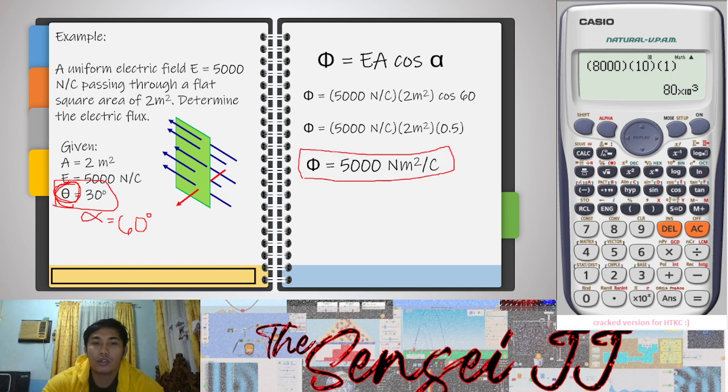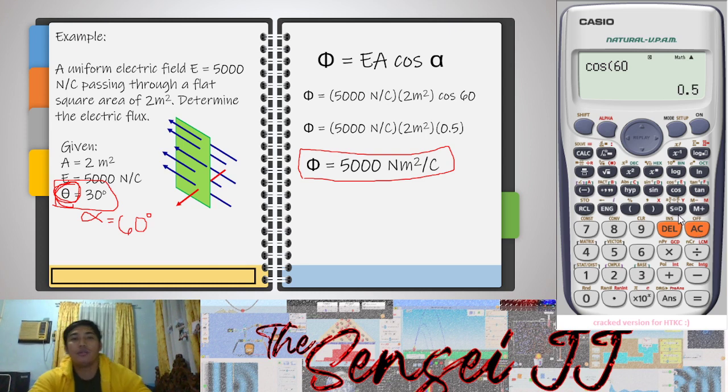And let's try to solve it in our calculator. Okay? So, yan. We have here 5,000. Okay, cosine muna pala tayo. Nakalimutan ko. Cosine 60. So, it is 1/2 or in other terms, 0.5.